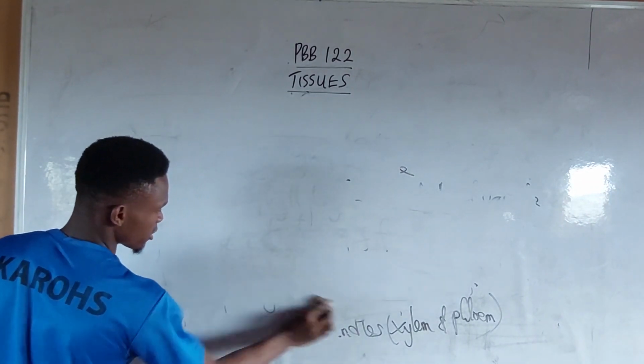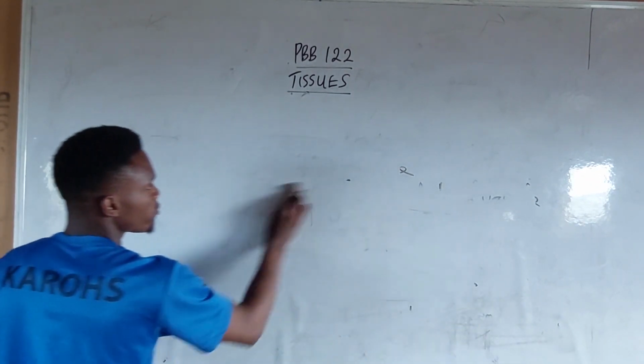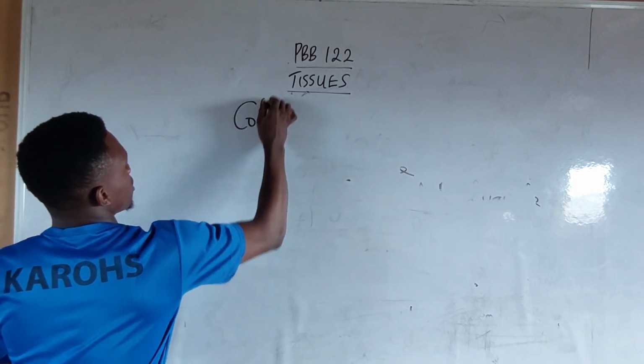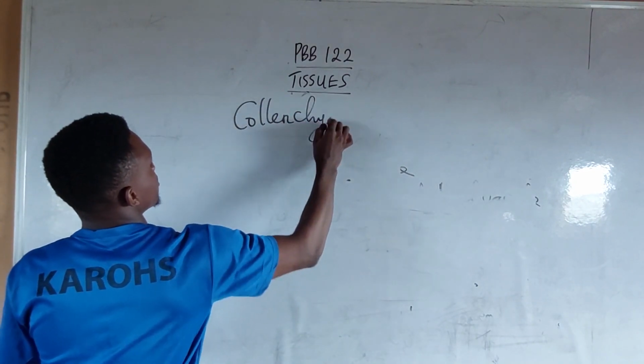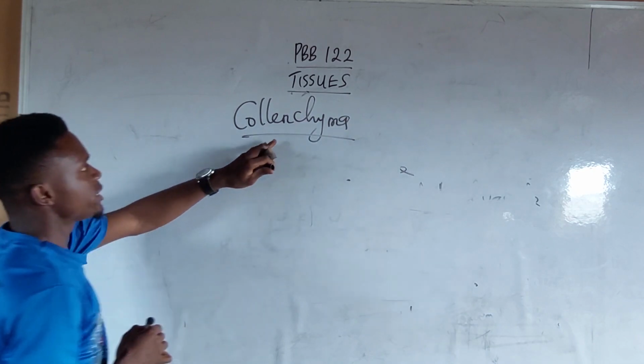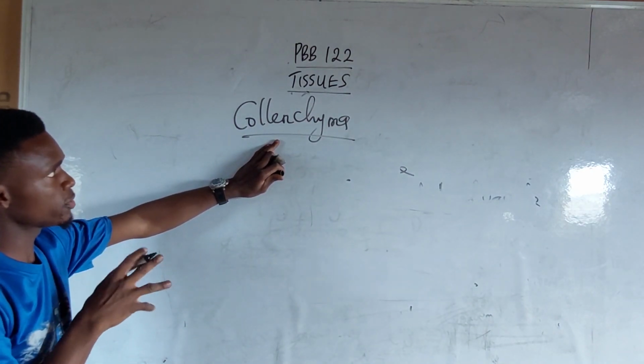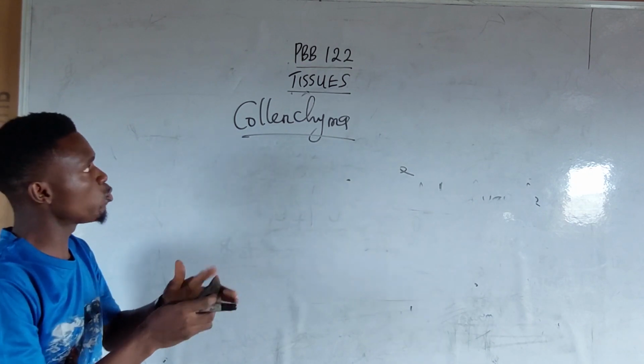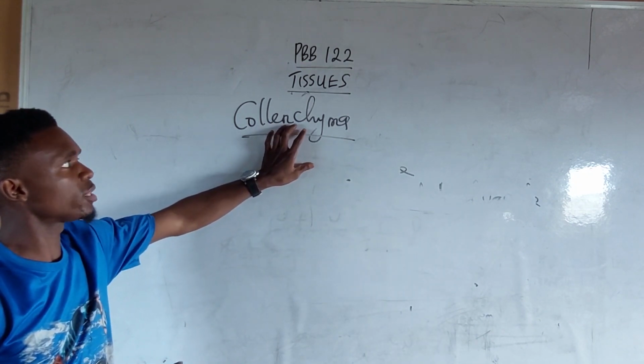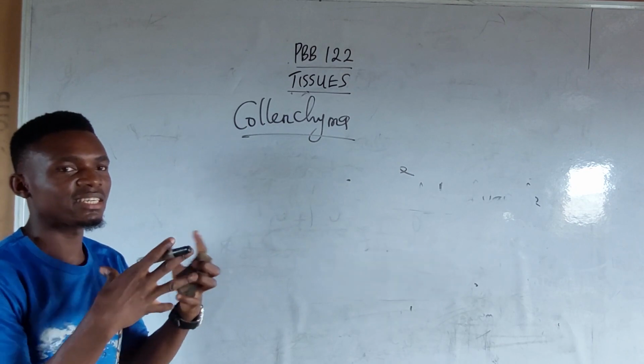Now what is the function of the collenchyma? The walls of the collenchyma cells are thickened.